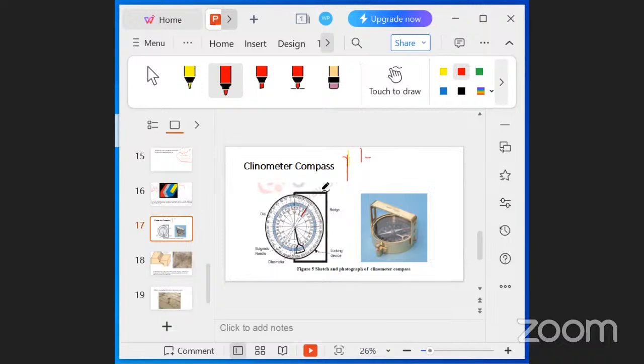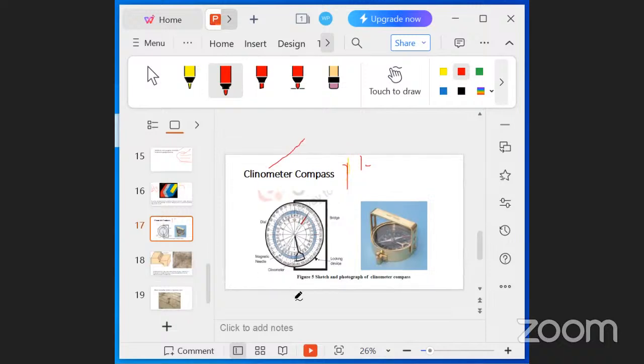In order to understand the attitude and orientation of the rock structures, you are required to measure their dip and strike on the outcrops during the field work, right? The measurement is done with the help of this clinometer compass. You see these figures.